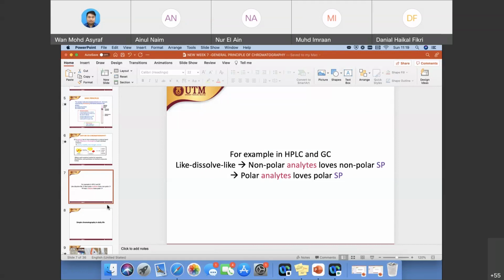Okay, it is based on the like dissolves like principle. So after this, I would like you to think that a non-polar analyte would only be able to be separated in a non-polar stationary phase, while a polar analyte would be separated in a polar stationary phase. Okay, do you understand this like dissolves like? The like dissolves like principle.